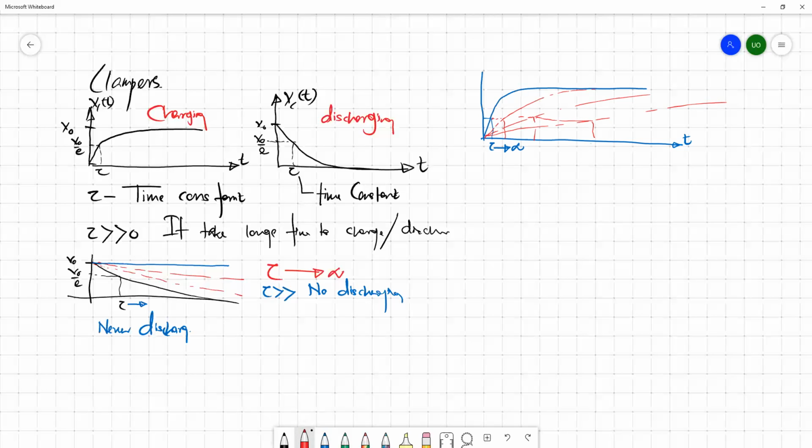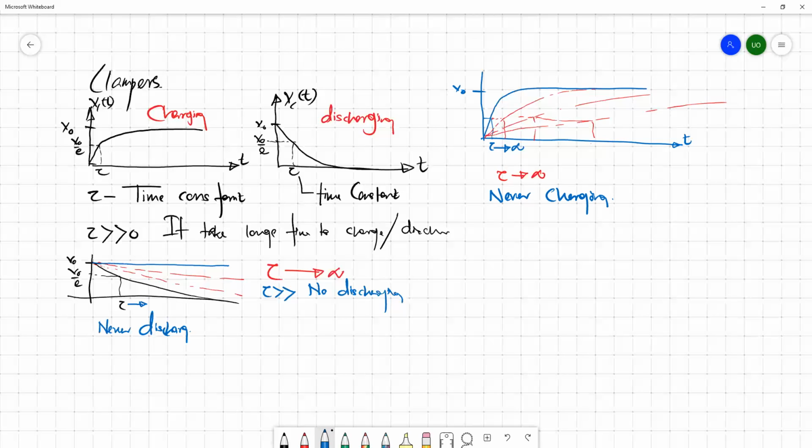Likewise, if your tau tends to infinity, then for this particular scenario, this capacitor needs infinite time to boost its voltage to V0. So you can see a charging process that never charges.